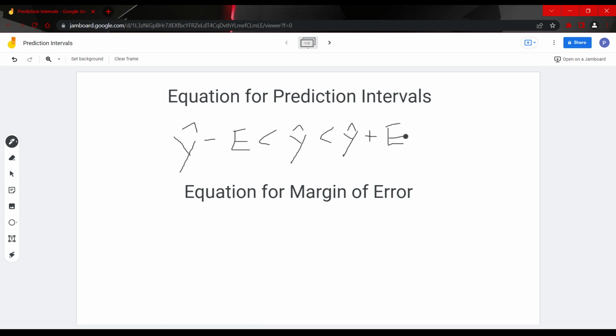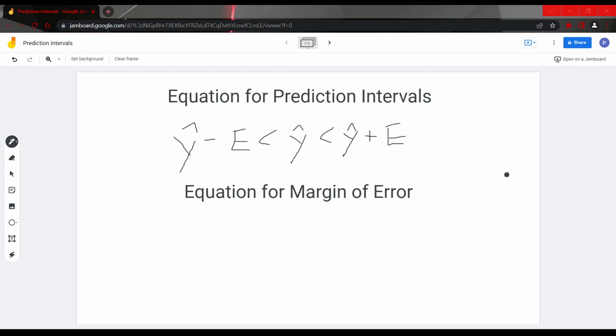We dealt with this way back in January and a little bit of February with confidence intervals. Back then we were predicting the mean, right? We were predicting that the mean of a population is going to be between some two numbers. This time, instead of predicting the mean of something, we are giving a prediction for the future or some scenario that is happening, that it will fall between some two numbers.